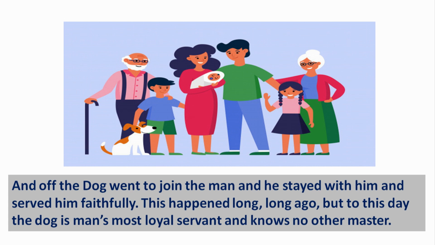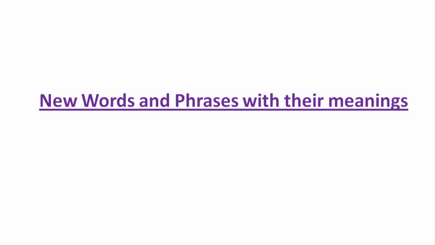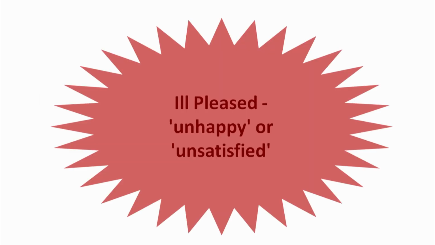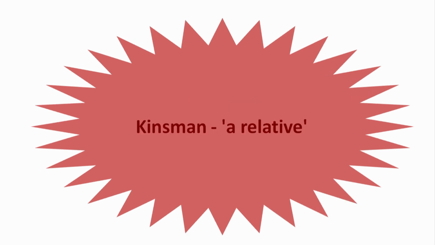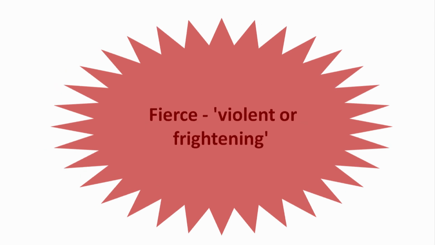So students, while reading the chapter, we came across some new words and phrases with their meanings. Let us recall them again one by one. Ill-pleased means unhappy or unsatisfied. Kinsman means a relative. Fierce means violent or frightening.